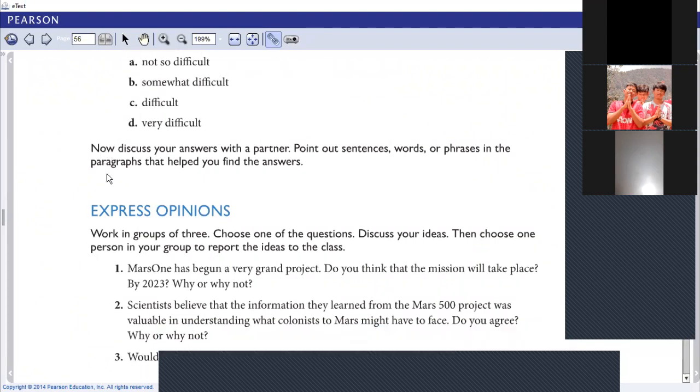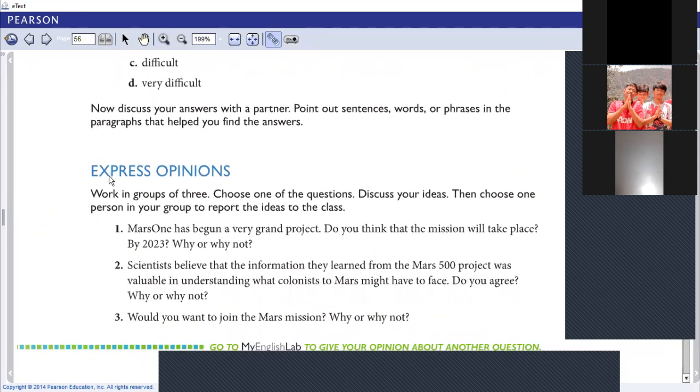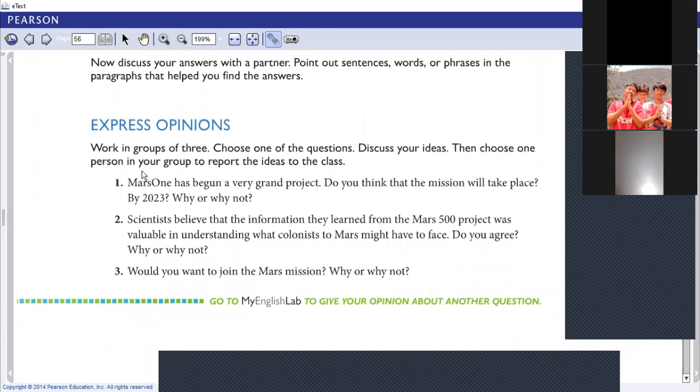Awesome. Now this brought us to the point of expressing opinions, yeah, where we evaluate. Number 1, Mars One has begun a very grand project. Do you think that the mission will take place by 2023? Why or why not? Okay, I would like to respond to number 1.